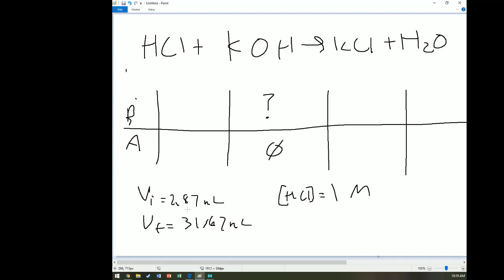Let me pull out a calculator here to do the math. The volume delivered is VF minus VI, so 31.67 subtract 2.87, I get a volume of 28.8 mL.